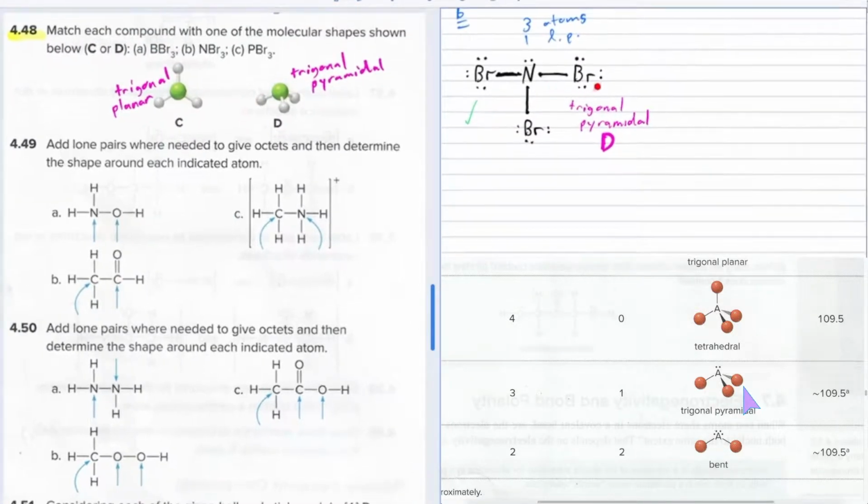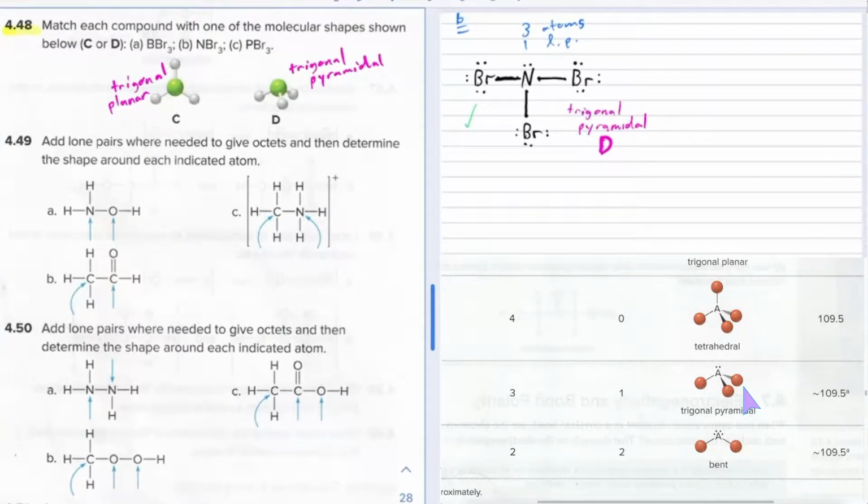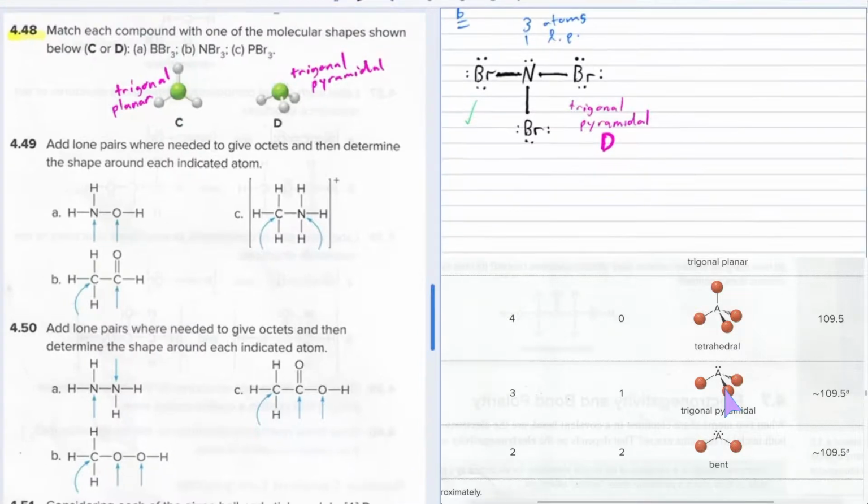And you know, you don't have to draw this the way it's shaped, but if you do, you can use this as a guide, using dashes for atoms going back in the page and wedges for atoms coming out at you. So if you wanted to, it would look like this. Keep the lone pair. You have a bromine coming down here, one bromine kind of going back, and the other one coming out.